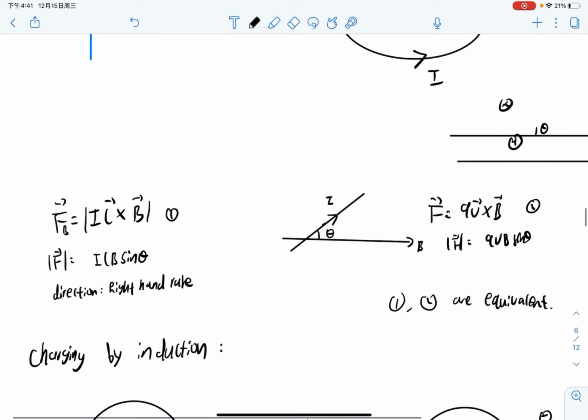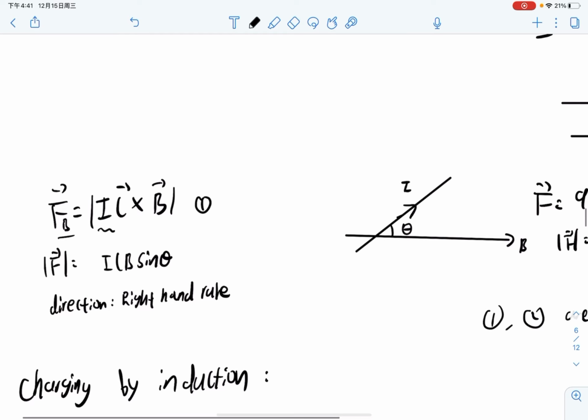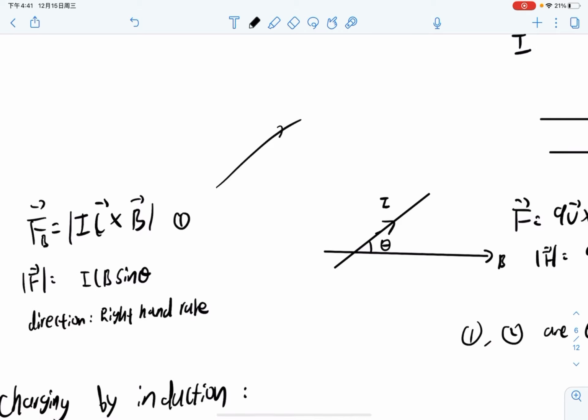And now for the magnetic force, it is equal to I, the current, times L, where L is the length of the wire. And there's a direction to indicate the direction of the current.